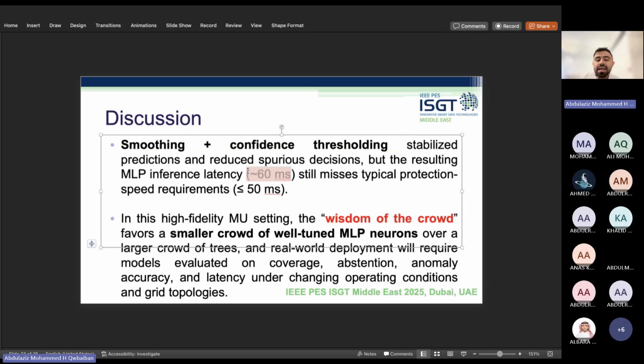It takes 60 milliseconds. How many cycles? 60 divided by 16, 4 point something cycles, right? A typical protection has a requirement: it has to make a decision in less than 50 milliseconds. 50 milliseconds means how many cycles? 50 divided by 16 is 3.125 cycles.